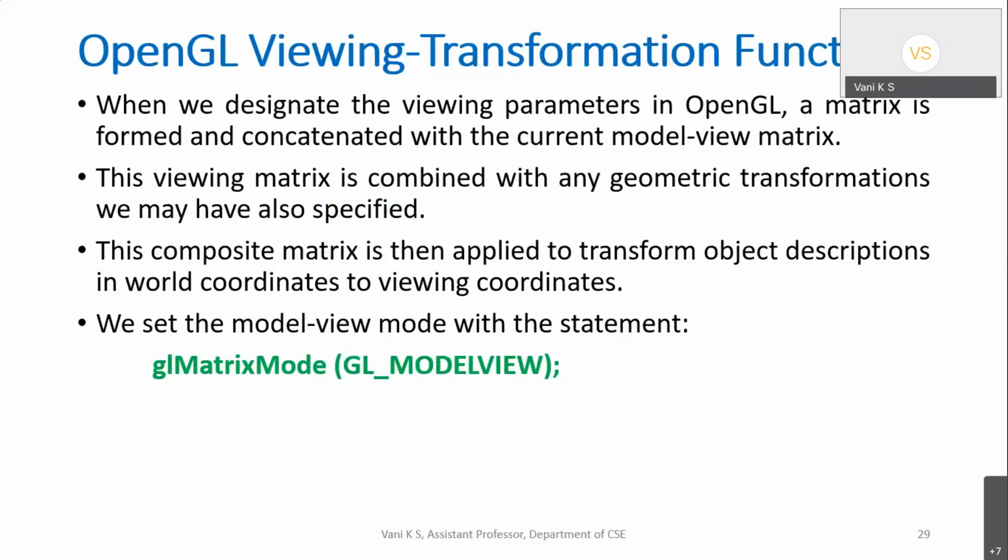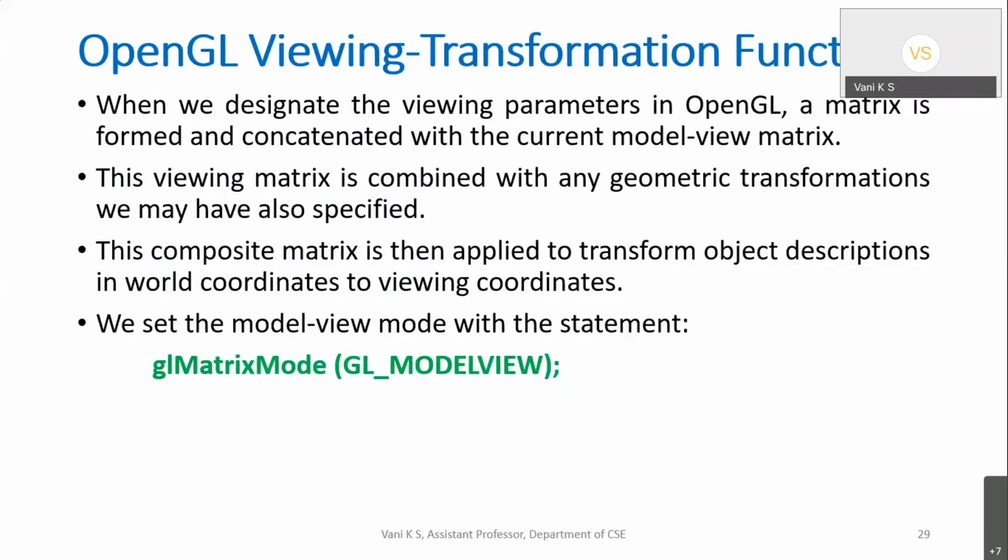Now, before you do any projections or transformations, you know that you should set up a model view matrix for OpenGL. Because this matrix helps us to transform the world coordinates to viewing coordinates. World coordinates are the ones in which our objects are laid out, and viewing coordinates are related to the viewing system.